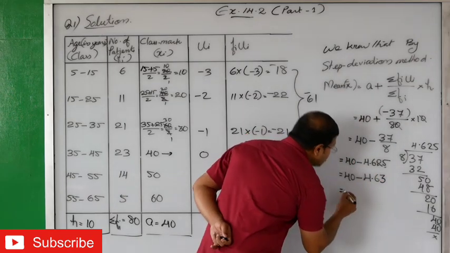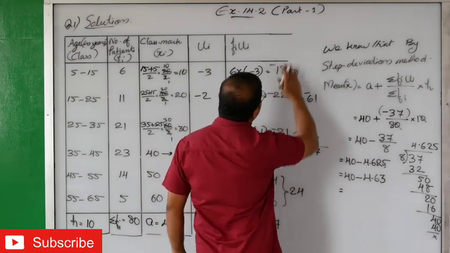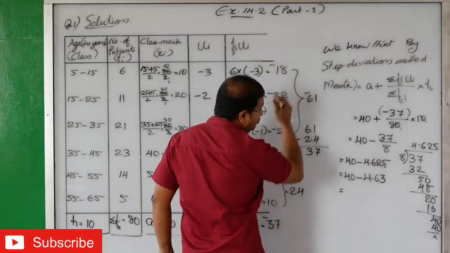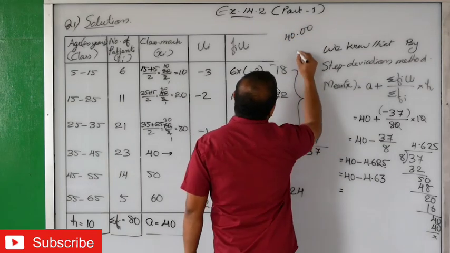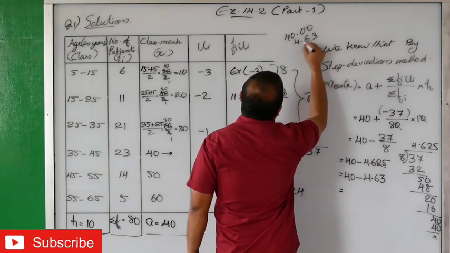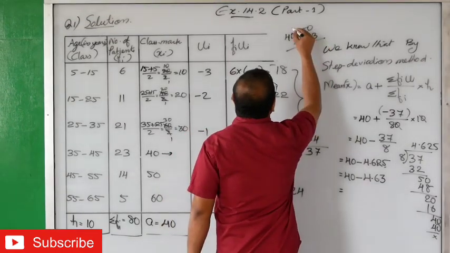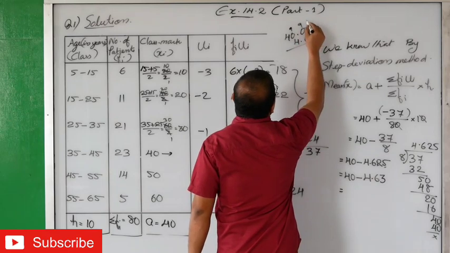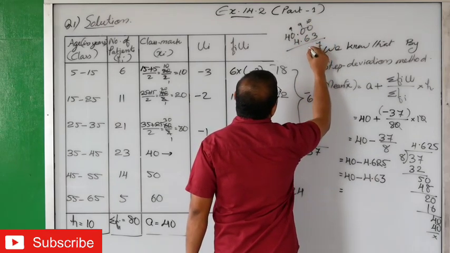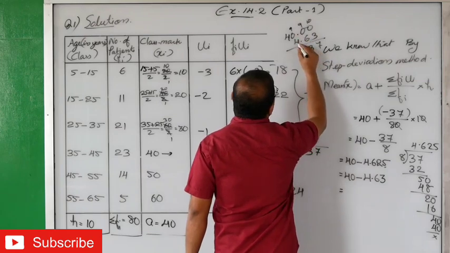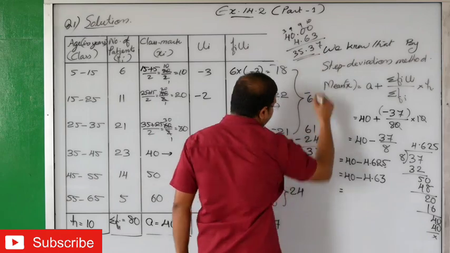So now we'll subtract. Ready? We'll minus it. So 40.00 minus 4.63. We'll subtract and carry from here. Here will be 9, here will be 9, here will be 10. 10 minus 3, 7. 9 minus 6, 3. 9 minus 4, 5. And here will be 3. See, we got it.